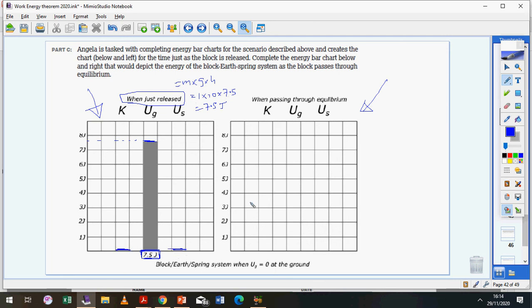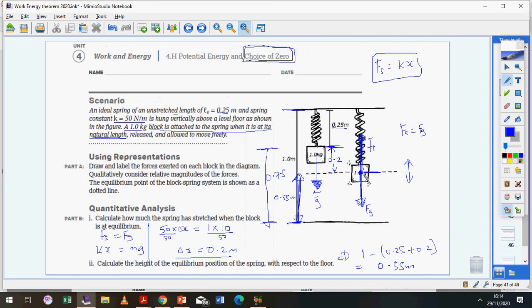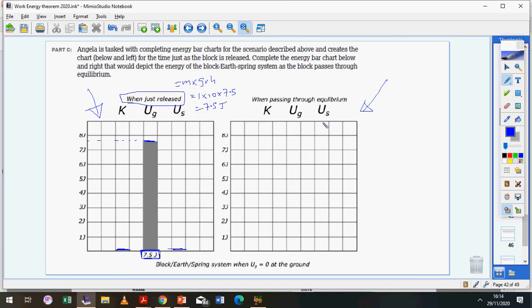But when it's passing through its equilibrium position, what's happening? At equilibrium position, let's first check for potential energy. Since it's still a certain height above the ground, a height of 0.55 meters, it will have a potential energy, which is mass times gravity times height, which is 1 times 10 times 0.55.